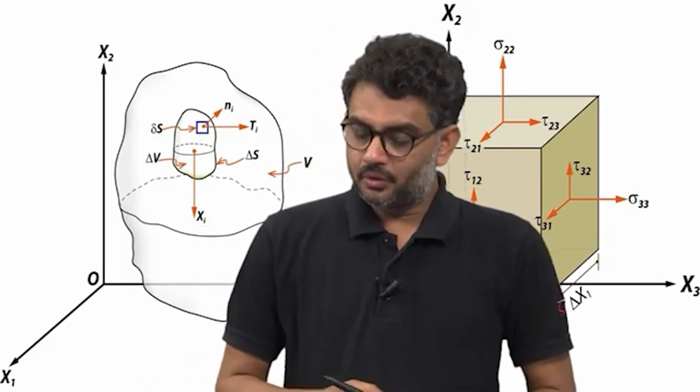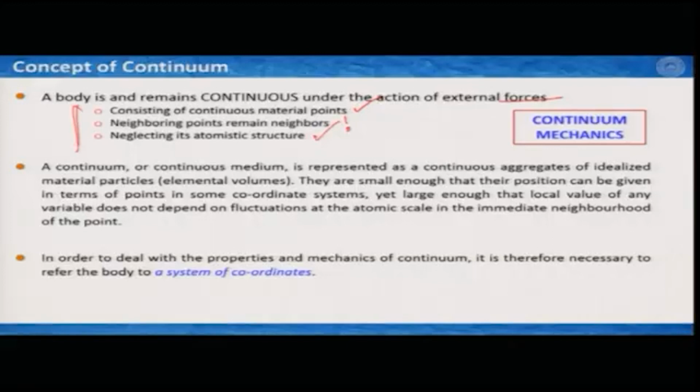But in general, if these three conditions hold good for any material, and we are studying its deformation under the action of forces, then it falls under the subject of continuum mechanics.